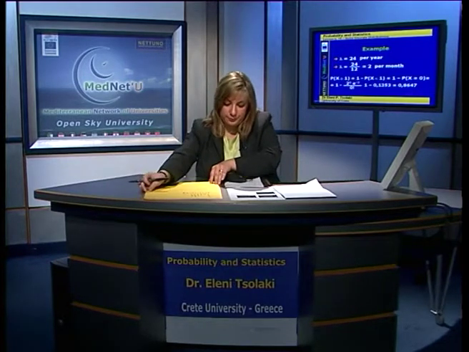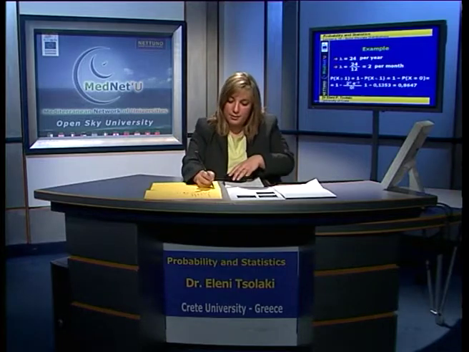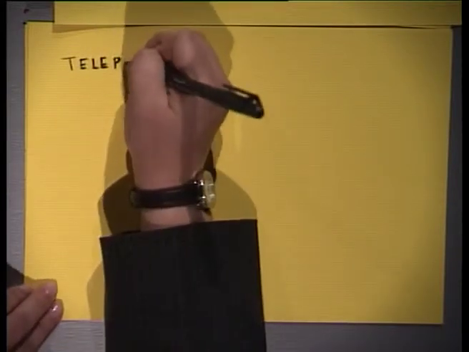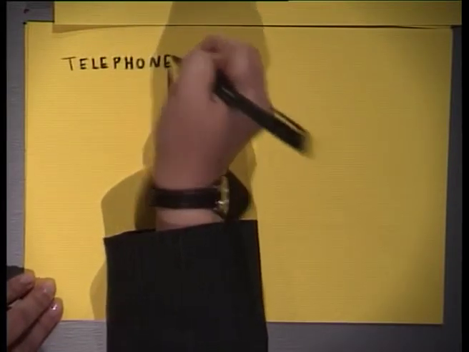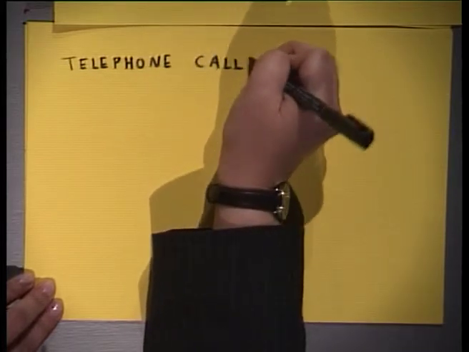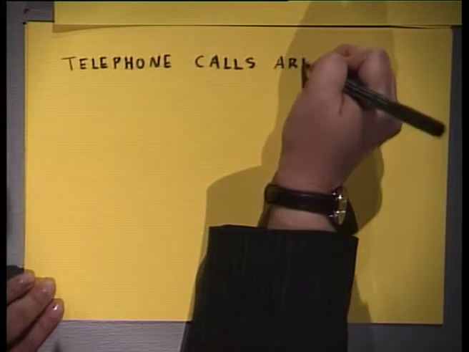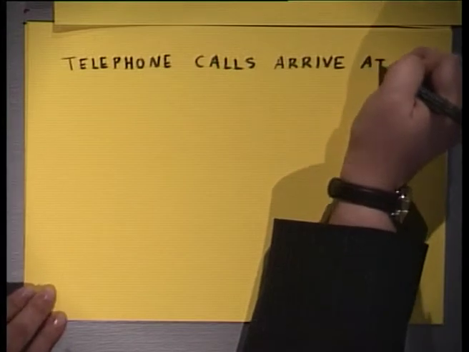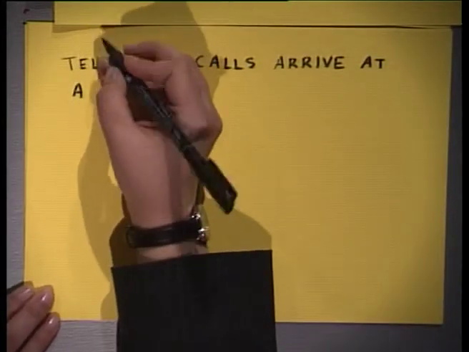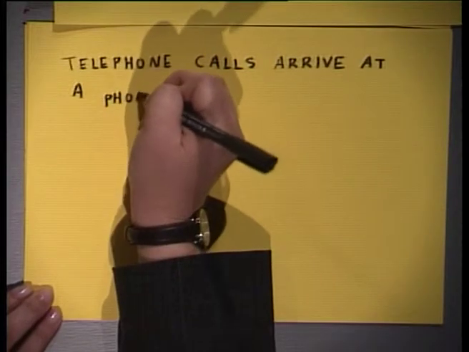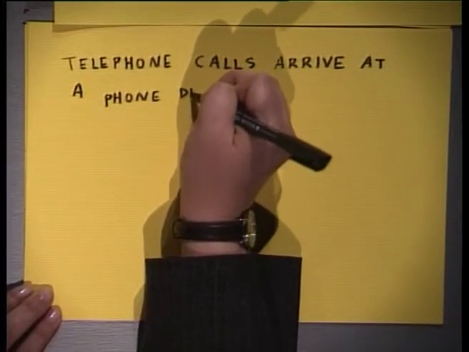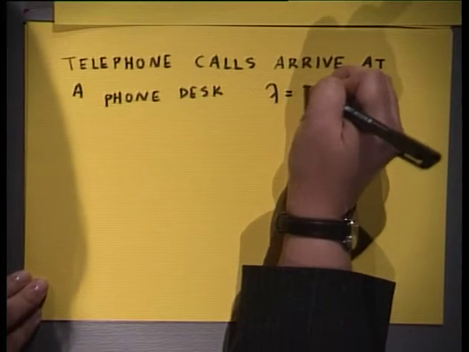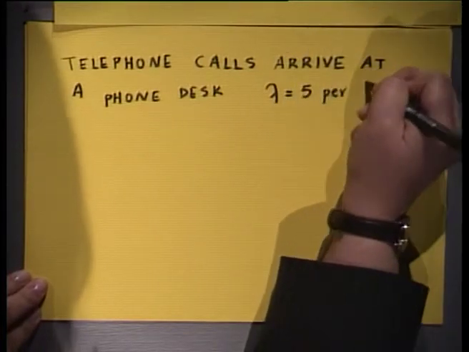So assume that telephone calls arrive at a phone desk at a rate lambda of 5 per hour.